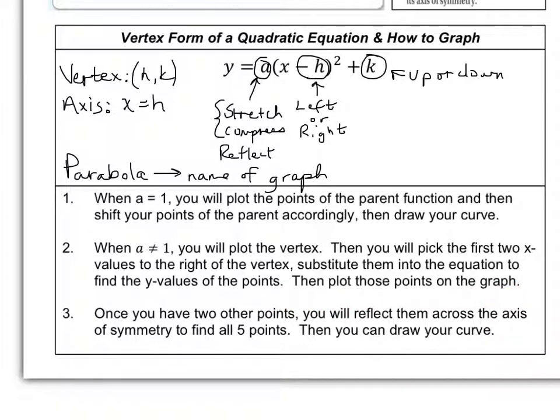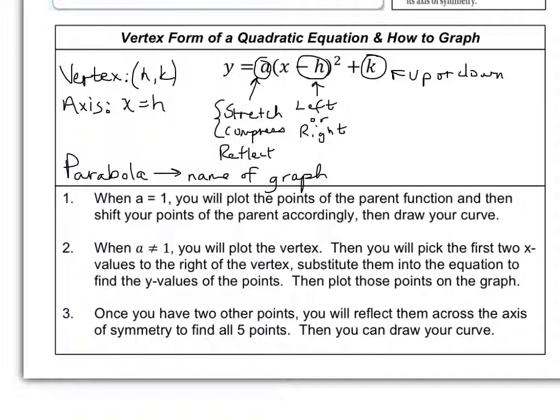Once you've done that, you'll have 3 points. To find the other 2 points, you're going to reflect them across the axis of symmetry. You'll have 5 points, and then you can draw your curve. So, this is the explanation of how we're going to graph a quadratic function.